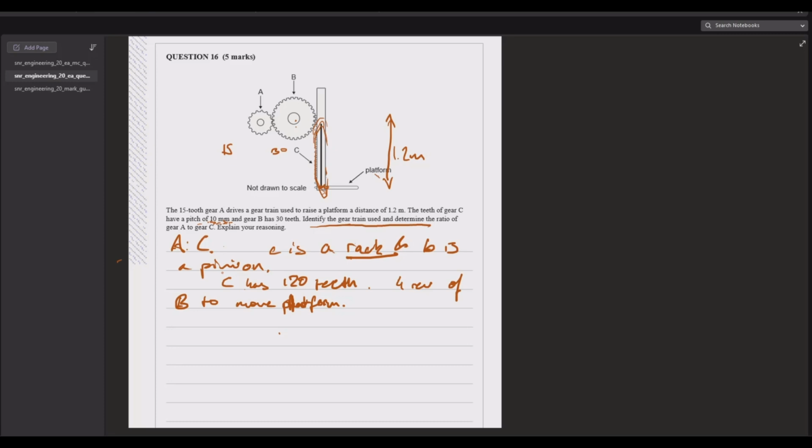Okay, I give up. Can't write properly. And so if it takes 2 revolutions of A to move B, then it's going to take 8 revolutions of A to move C.